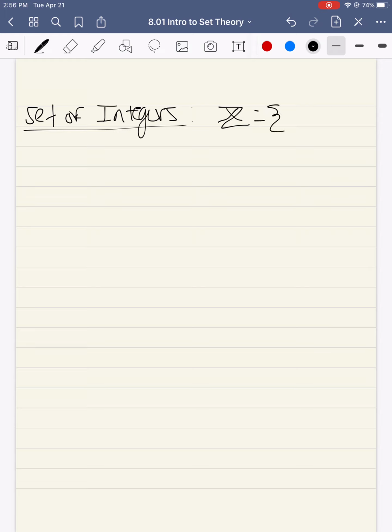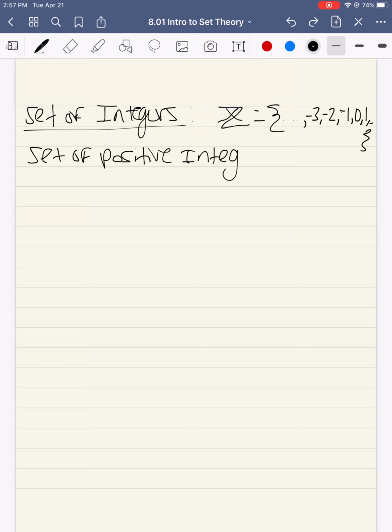So we can say this is equal to, in curly brackets, dot, dot, dot, -3, -2, -1, 0, 1, and then keep going on and on forever and ever in both directions. We can create subsets of integers so we can get more specific in where we're limiting the values. So if we want to say just the set of positive integers, we can use a notation for that as well. I will forever spell integers incorrectly.